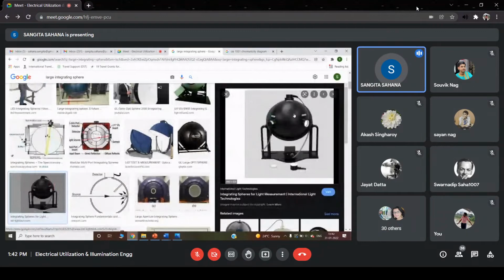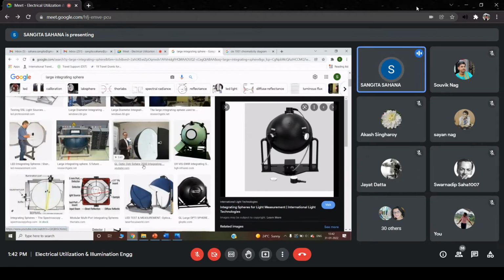So this is the sphere. It can be opened and the lamp can be placed at the center. Now you can see the small hole here. This small opening is there just to place the sensor. So the sensor will be placed towards the inside wall. Means the sensor will be placed inside the sphere and the meter will be somewhere here.